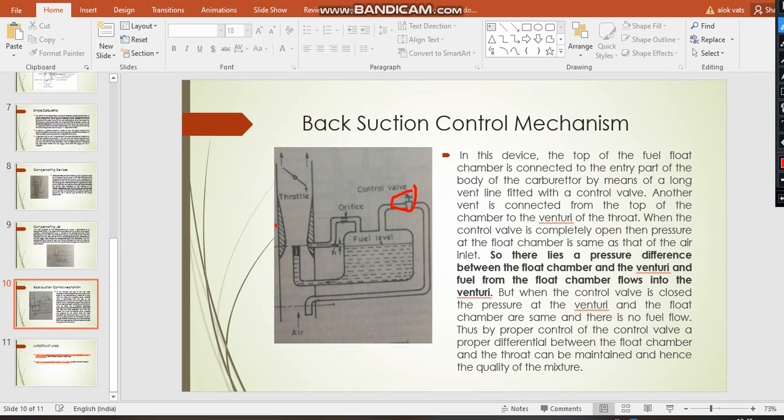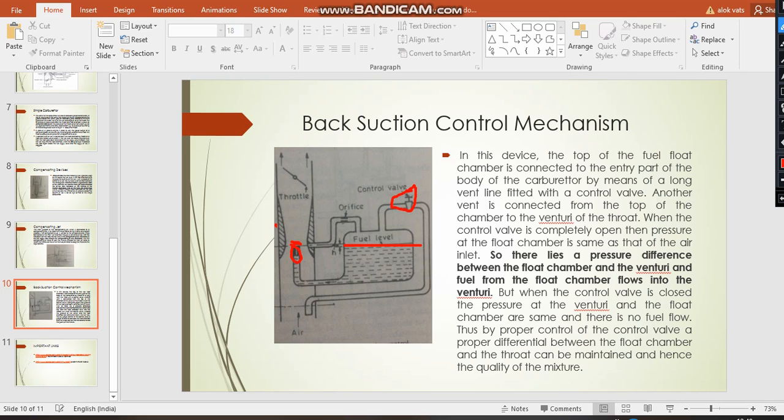This is the control valve when it is closed. When it is closed, there will be no flow of fuel from the main jet, because the pressure at the top of the fuel and that at the tip of the nozzle of the main jet are the same. So there will be no discharge of the fuel at this point.